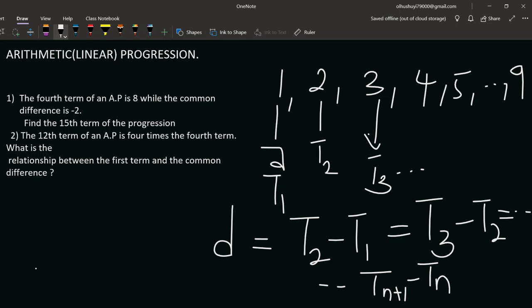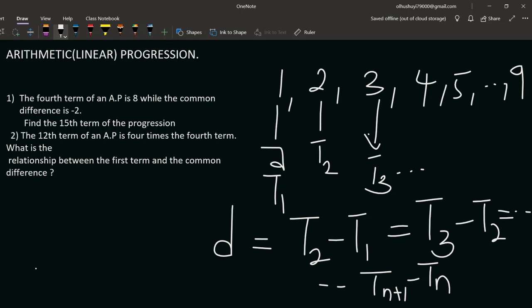So this is what generates our common difference, by subtracting the previous term from the succeeding term. Then that is a common difference. Then your first term is the first number in the sequence. Am I communicating? So that's how we go.